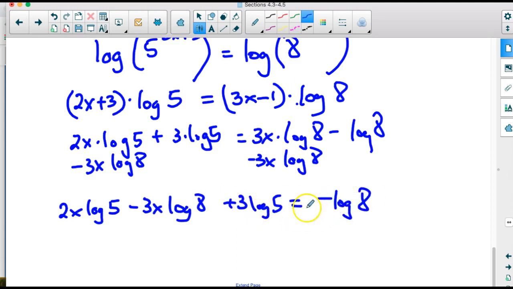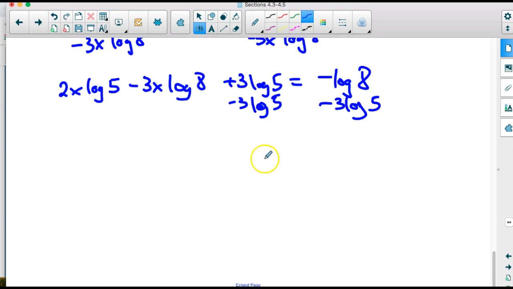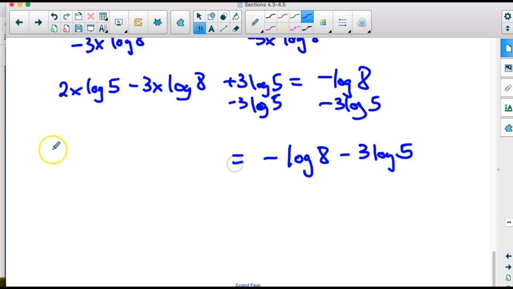And then I'm going to move this over to this side by subtracting. Okay, so I'm going to get negative log 8 minus 3 log 5 equals these two things.